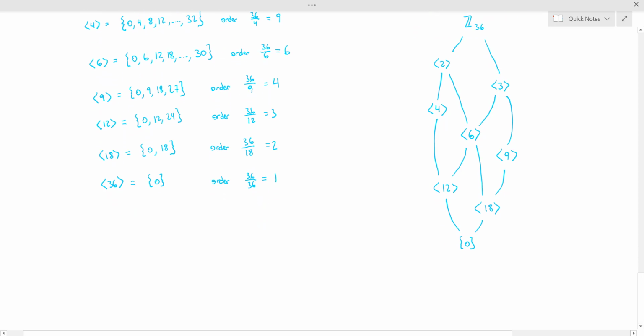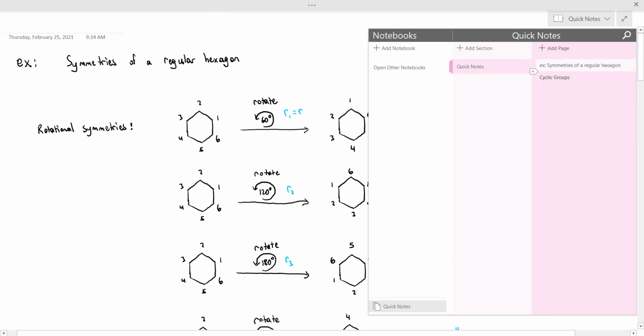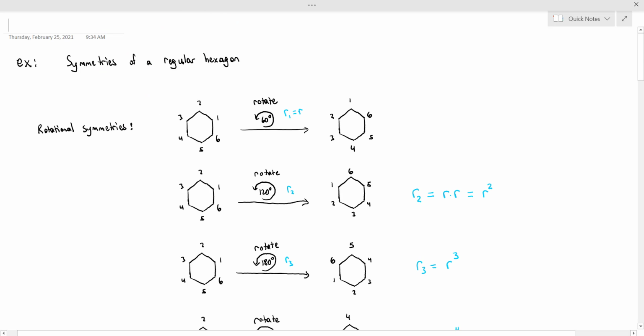Just kind of in summary, though, going back to what I started with. Anytime you have symmetries, you're going to have a group, okay? So studying abstract groups is kind of a way of studying symmetries in general.